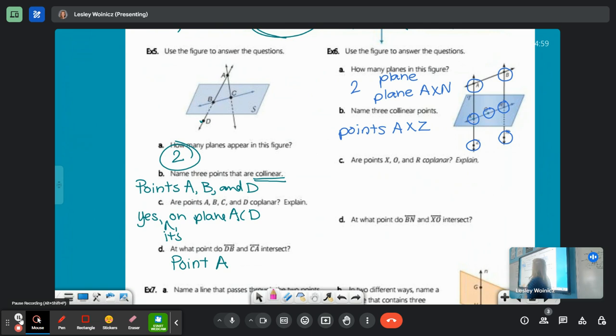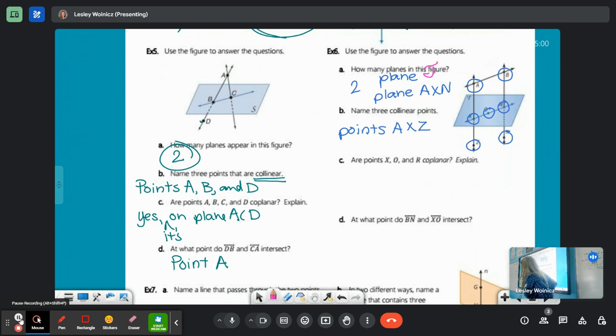So they lie in plane T, and they lie in plane AXN because they are actually at the intersection of those two planes. You know how the intersection of two roads is in both roads, right? So this line, the blue one, is the intersection of our two planes. It's in both planes.